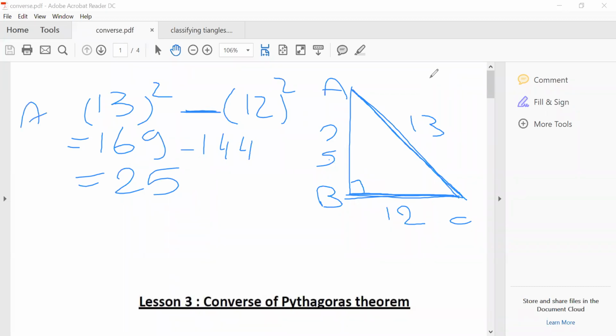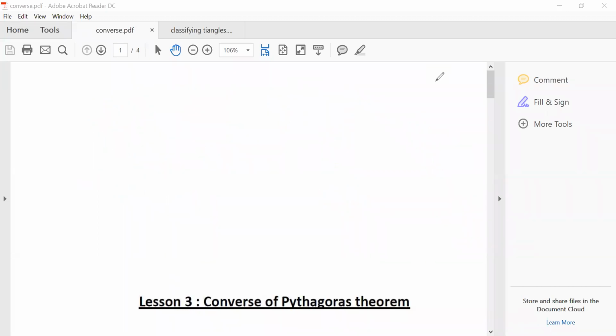So also AB will be 5 centimeters. Okay, but let's remember from where is this rule? How did Pythagoras get this rule? Suppose that if I have a right angle triangle, I want to draw it a little bit smaller.